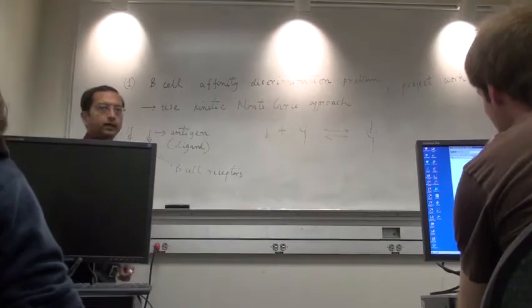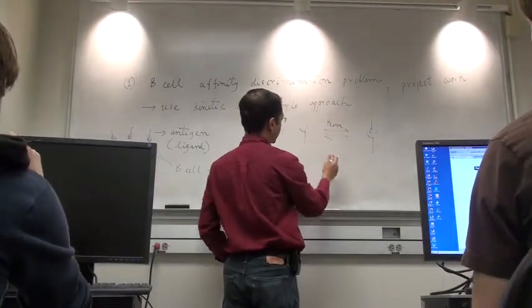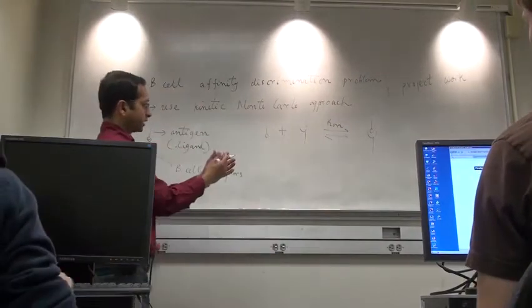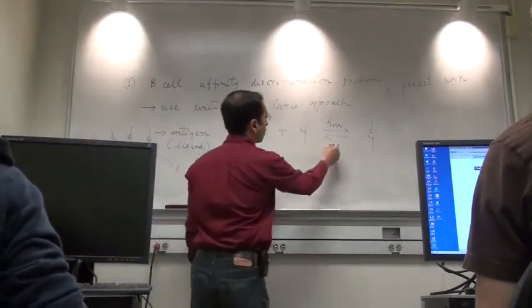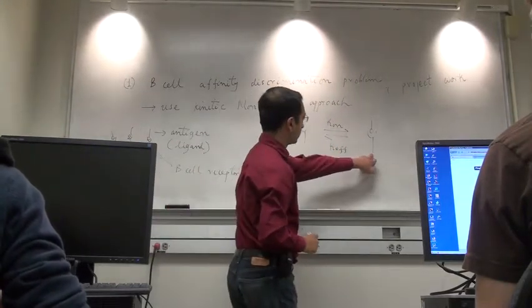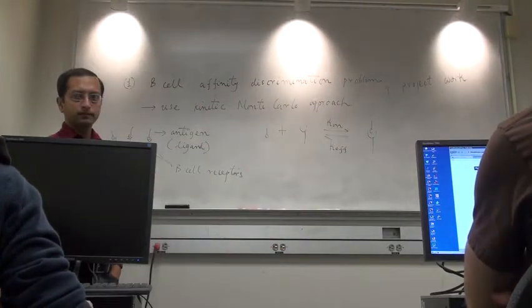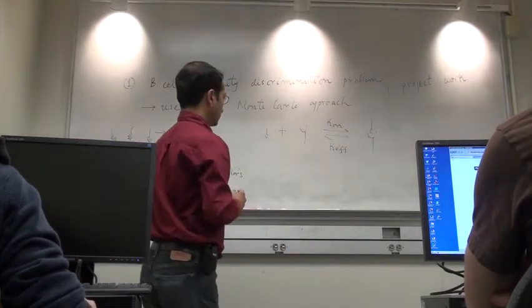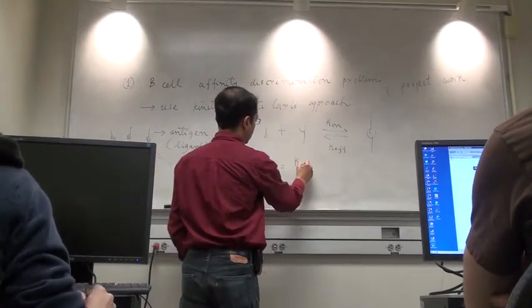This receptor ligand binding you can describe by two parameters. One is how strongly they associate, that means they form the complex when they are in free form, or how they dissociate, if you are in a complex form, how you dissociate into free receptor and free ligand. Now the ratio of these two is the affinity.